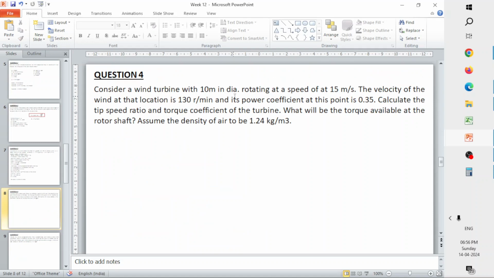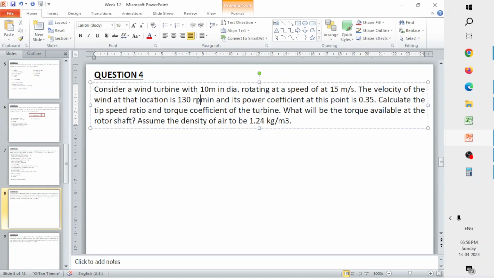So here you are asked to consider a wind turbine that has a diameter of 10 meter, and the velocity of the wind at that location is 15 meter per second. The turbine rotates at 130 rotations per minute, so rpm.